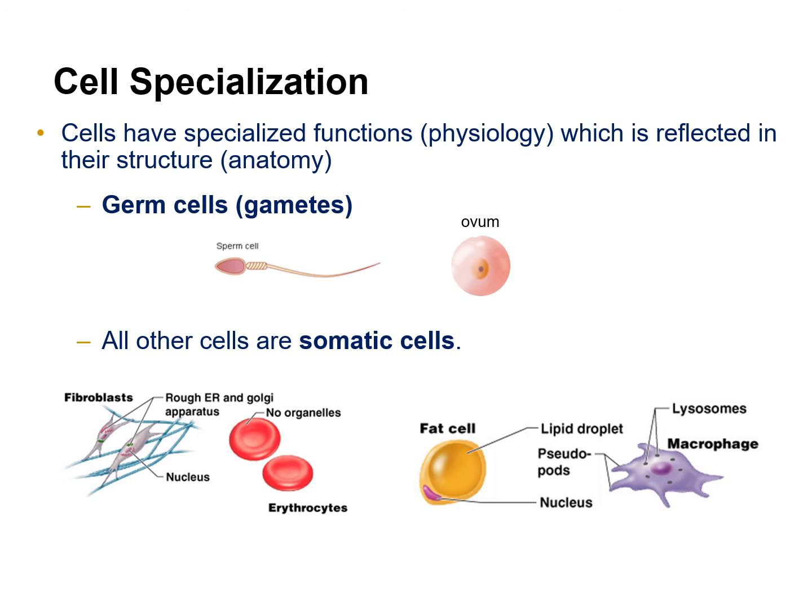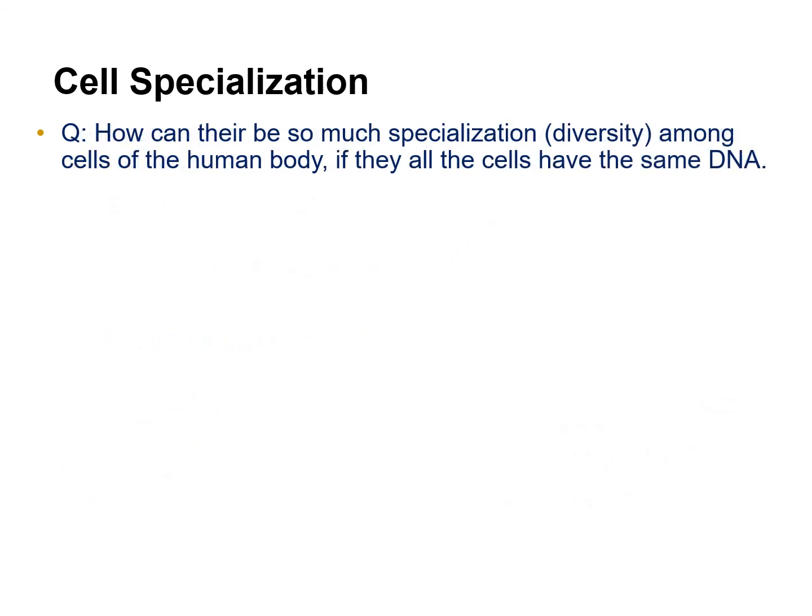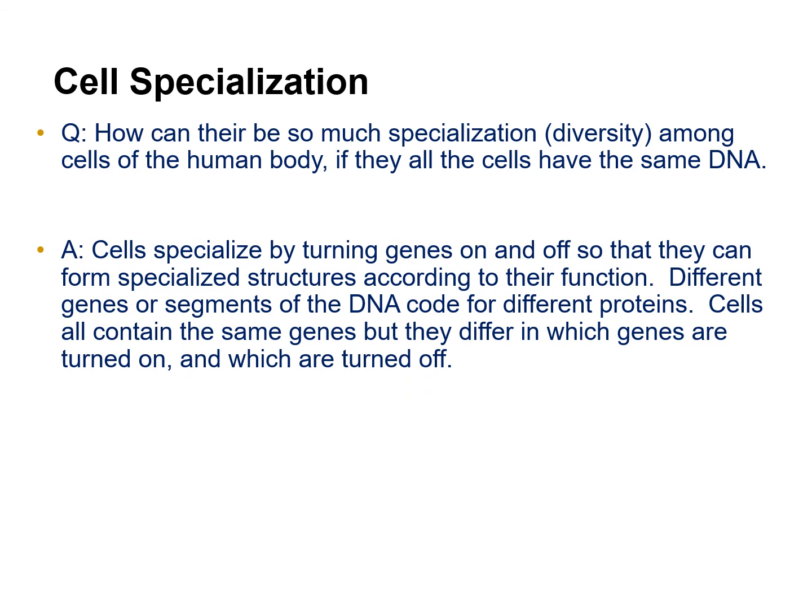These cells, illustrated here, all have very different form and function, yet they all share the exact same DNA. So the obvious question is, how can there be so much specialization or diversity among cells of the human body if they all contain the same DNA? The answer is cells specialize by turning genes on and off so that they can form specialized structures according to their function.